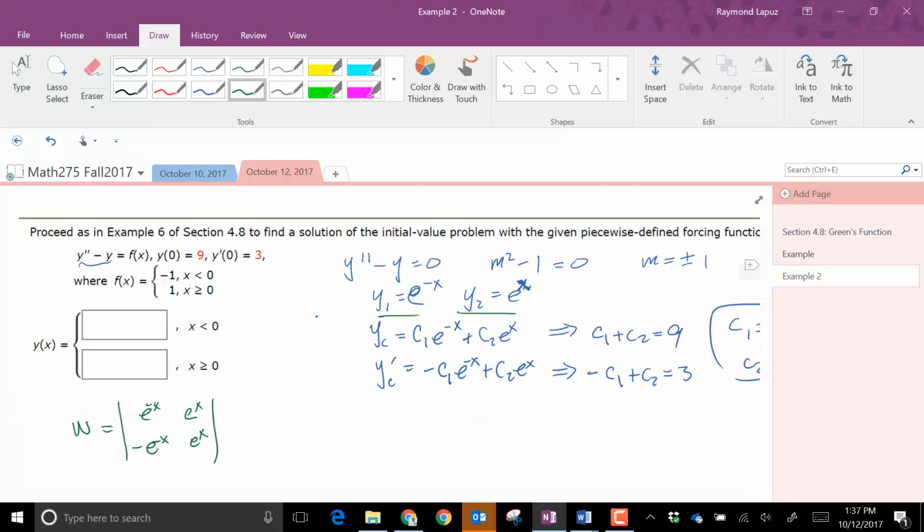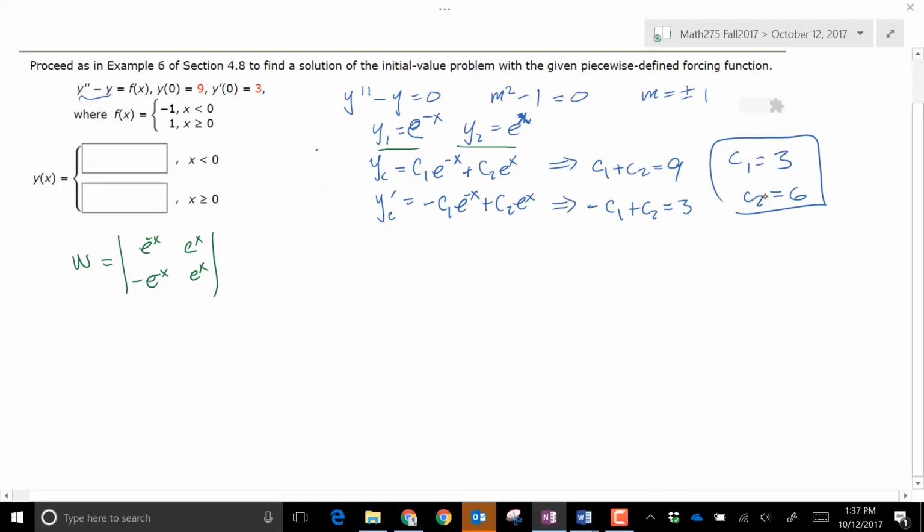All right, so back to our example. We're looking for the Wronskian. We got 1 minus negative 1, so another nice Wronskian, we got a constant.